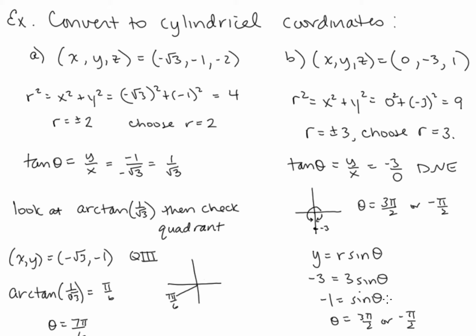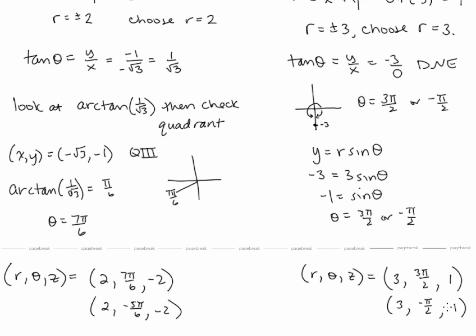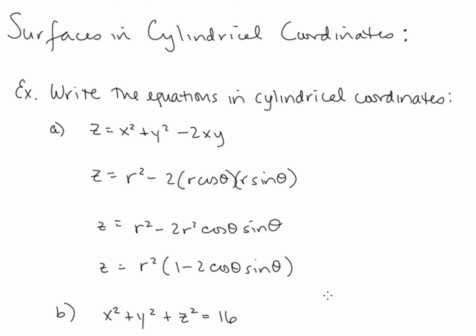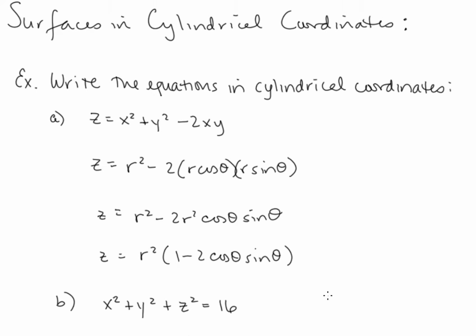Certainly we can add and subtract multiples of 2 pi to these solutions, but we don't want to do that. We want to just keep it simple. So our solutions would look like 3 pi over 2, 1, or negative pi over 2, 1 for r, theta, z.